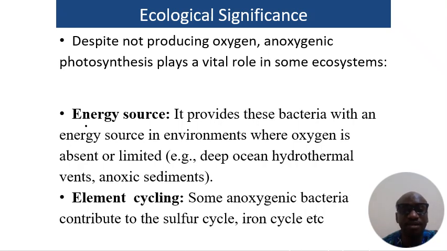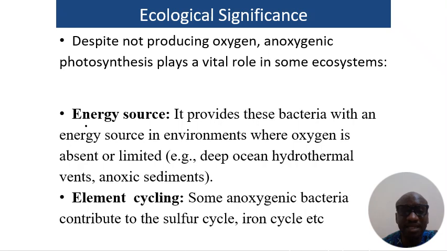I've talked about the significance of anoxygenic photosynthesis previously. They help in providing bacteria with an energy source in environments where oxygen is absent or limited, for example, in deep ocean hydrothermal vents or anoxic sediment. They also help in contributing to the sulfur cycle, hydrogen cycle, iron cycle, and other transformations in soil sediment.